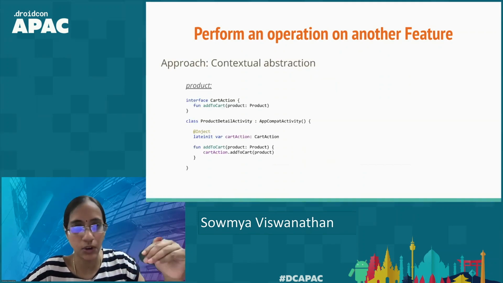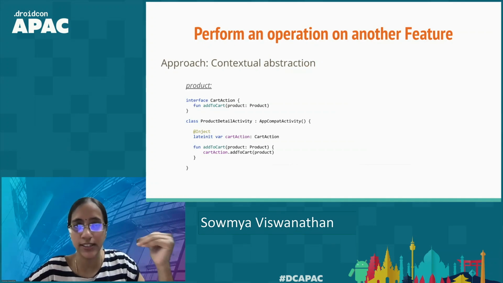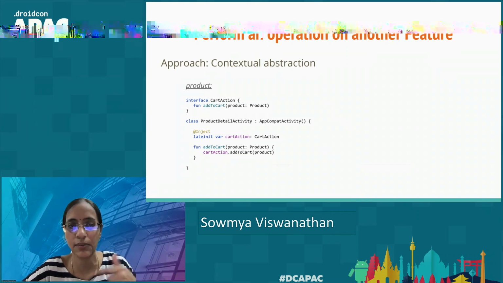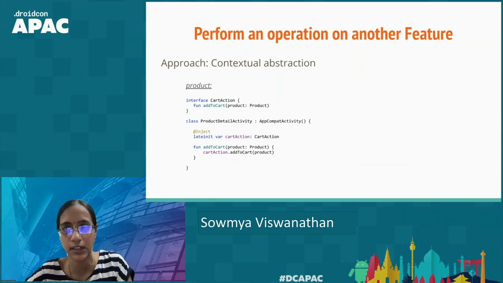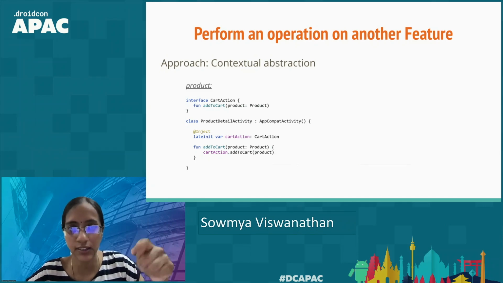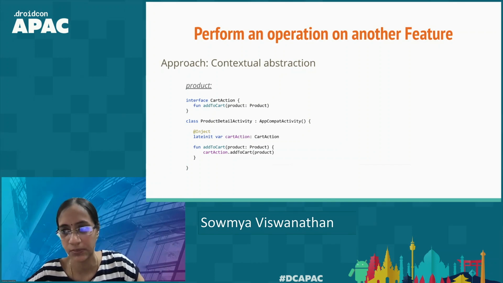The product module will have a contract defined called cart action, because we want to add it to the cart, and we say I want to add a single product to the cart. So it is able to define the contract with the domain model product. And in the activity, we inject the cart action and just invoke the method add to cart.